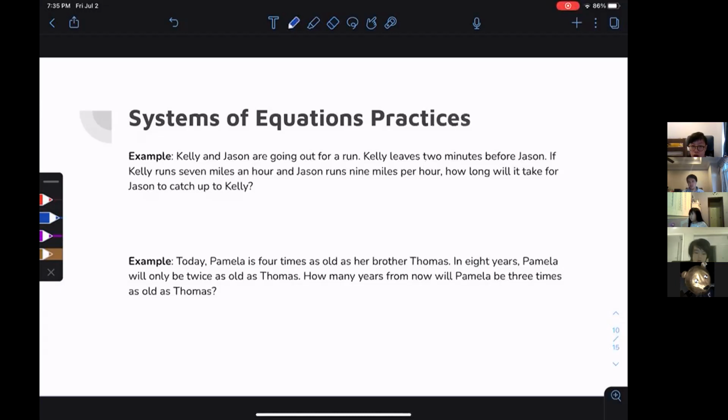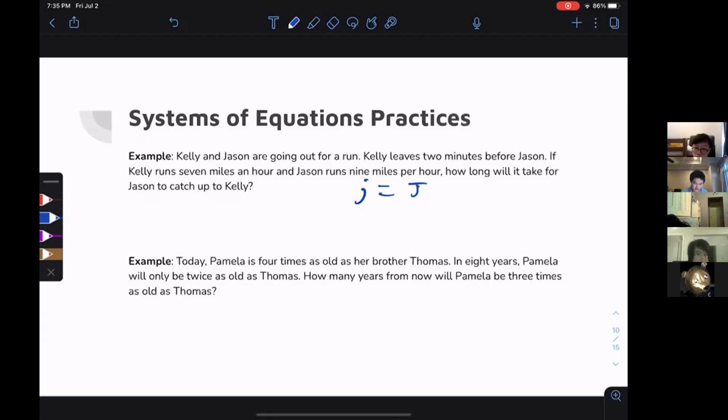So let's say that I'll solve for how long Jason has been running, since it's from his perspective how much time he takes. So I think it makes sense for the answer to the question to be how long he has been running when he catches up.